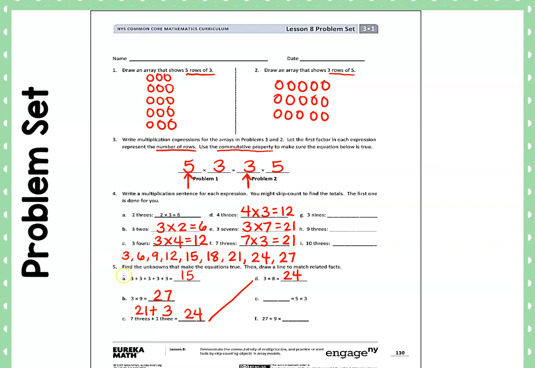Okay, I also know that for part A, we skip counted by 3s 5 times to get 15, which would be the same as 5 3s. So E and A match with 15. So then that leaves B and F. So 27 equals 9 times 3.